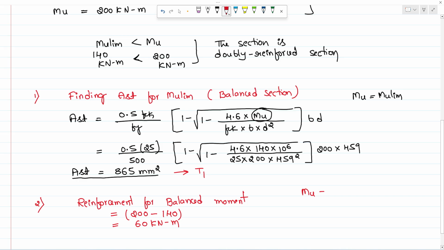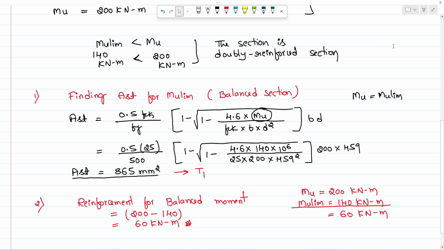Mu is 200 kilonewton meter, Mu limit is 140 kilonewton meter, so balanced moment will be 200 minus 140, which is 60 kilonewton meter. So this is your balanced moment.